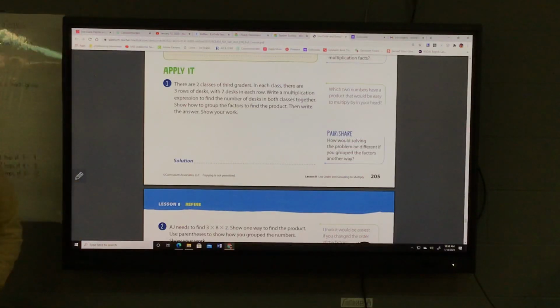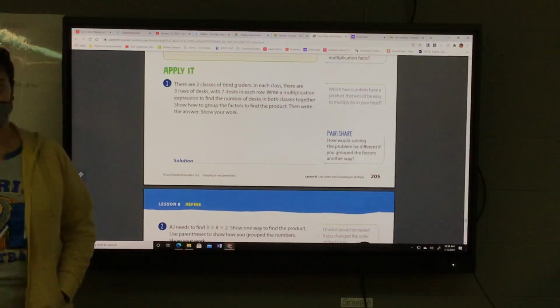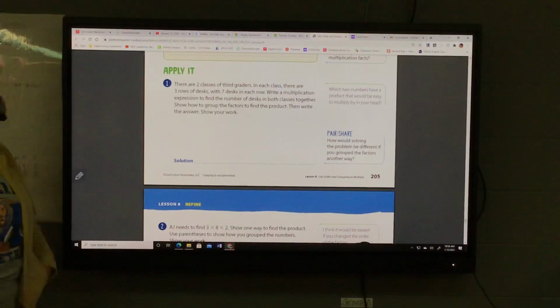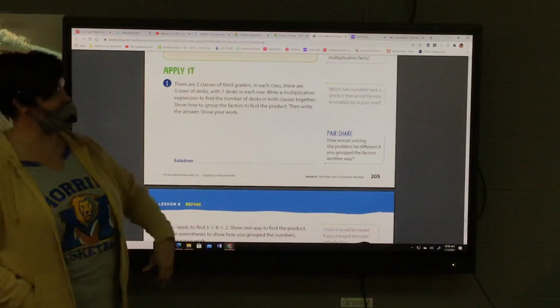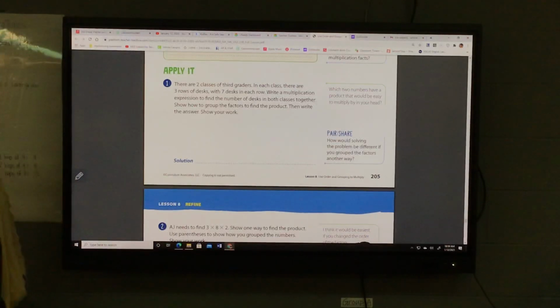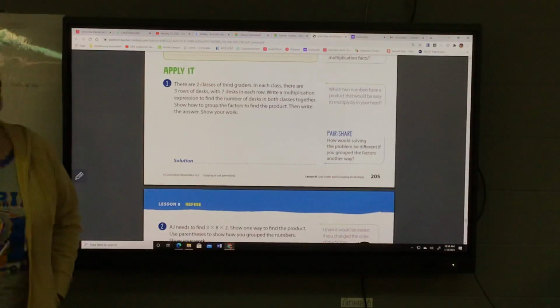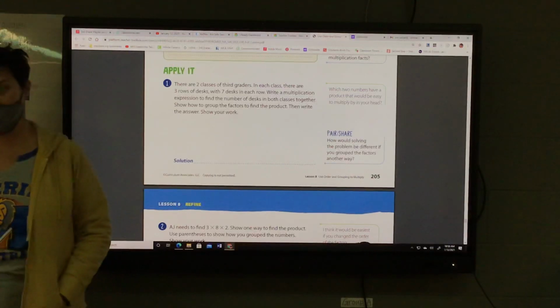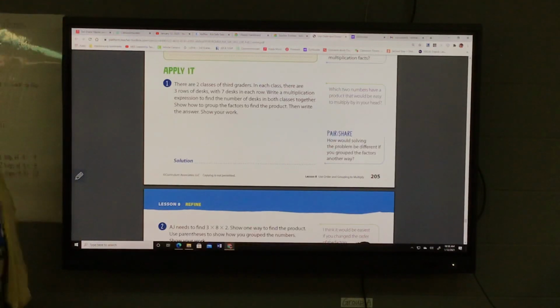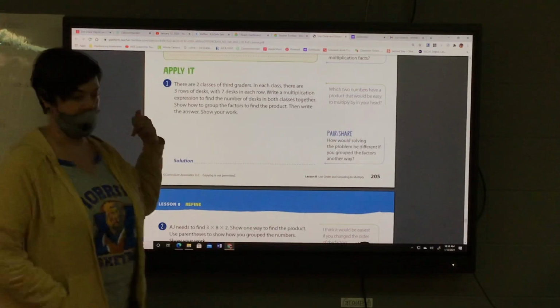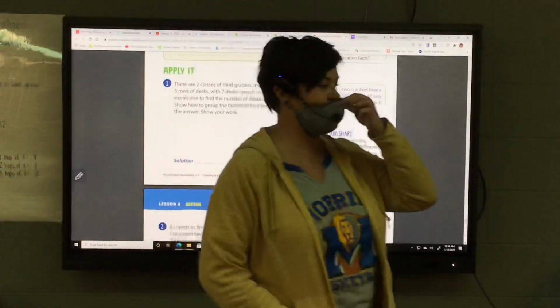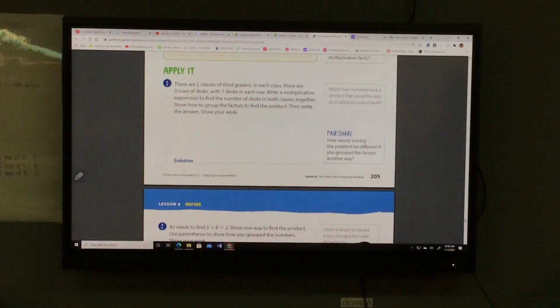Write a multiplication expression using those factors to find the number of desks in both classes together. Circle the factors you need to include in your multiplication expression. In that word problem, circle the factors that you need to include.